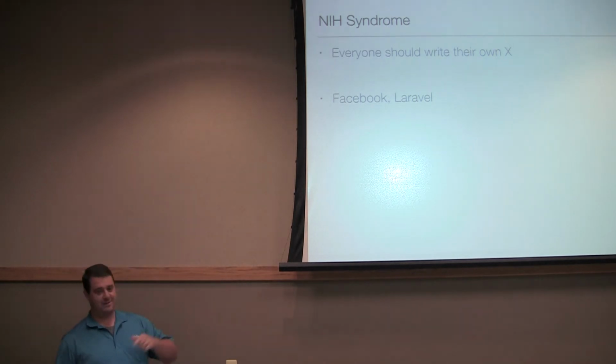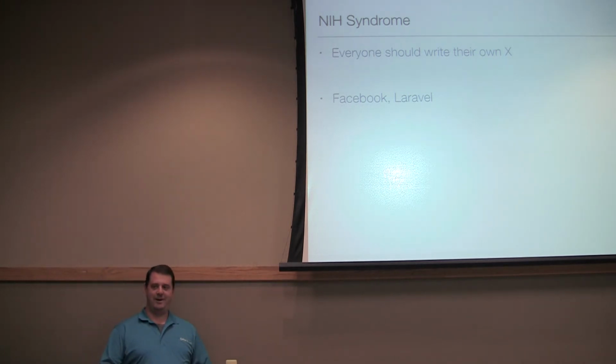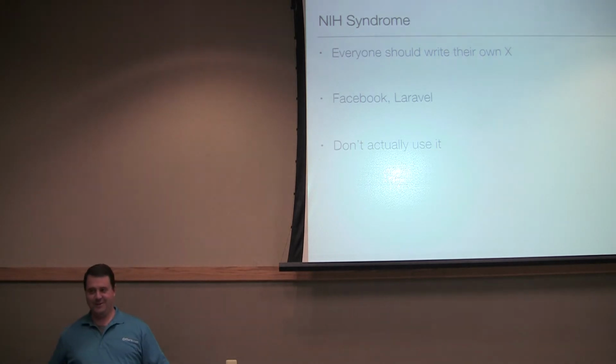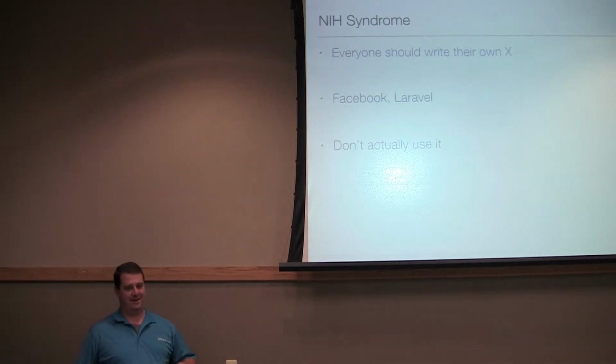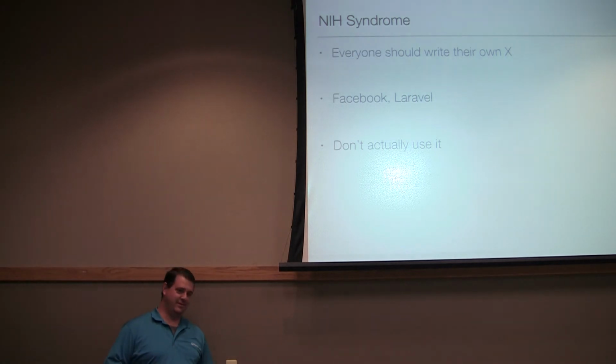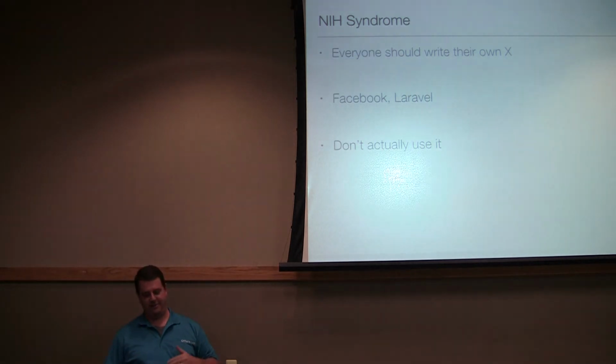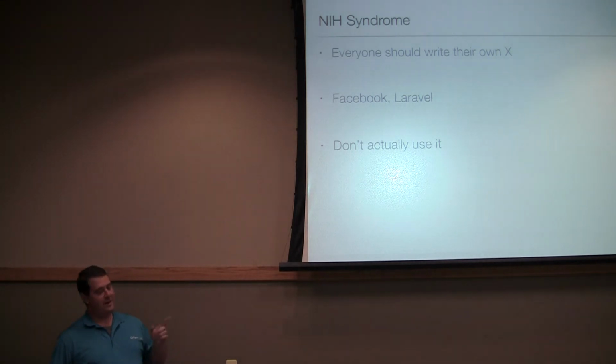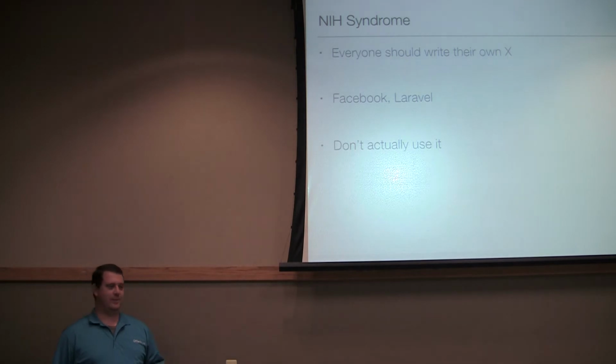So what I do think is that you should write your own X. You should write it once, and then you should never use it. You should write it so that you understand all the pitfalls and all the complexity that goes into it, because you actually had to think through the thought process, and then you should go find someone else who's done it better than you. Writing your own is good because it gives you the perspective to evaluate the ones that are out there and pick one that will work for you.